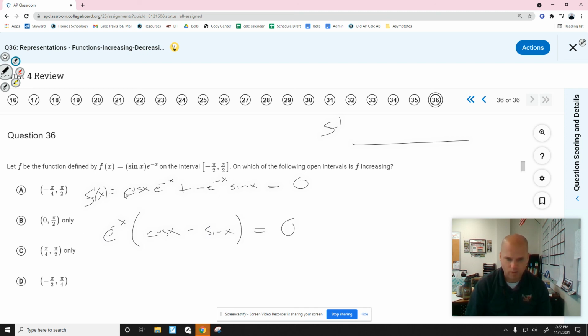E to the negative x is always positive. Cos x minus sin x. When does that equal 0? This is the deal where tangent equals 1. How do you get there? Subtract cos x, divide by negative 1.